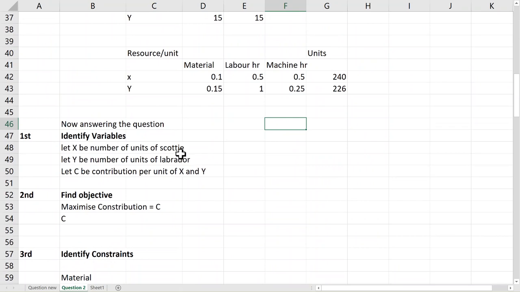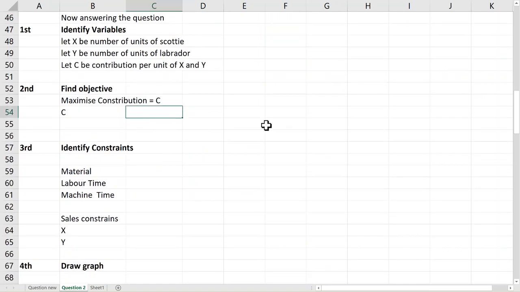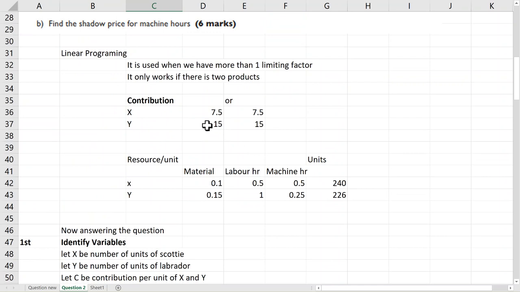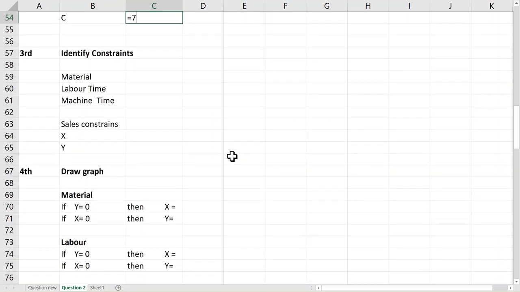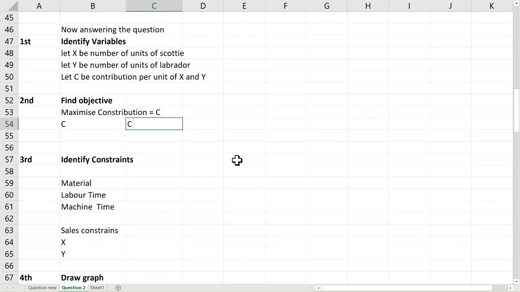So let X be the number of units of Scotty, let Y be the number of units of Labrador, and let C be the contribution of X and Y. The objective is to maximize contribution, which is C = 7.5X + 15Y. Then we identify constraints, the limiting factors.